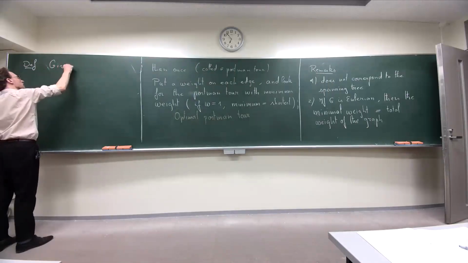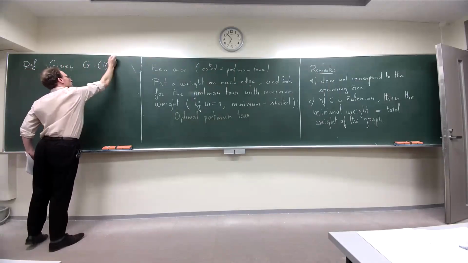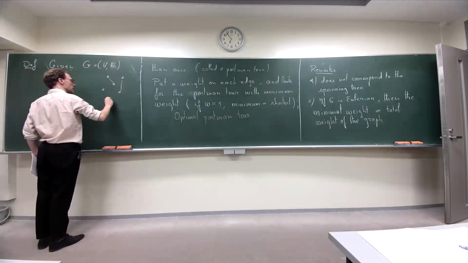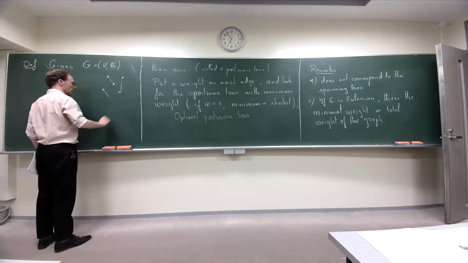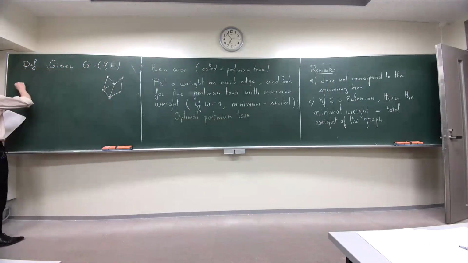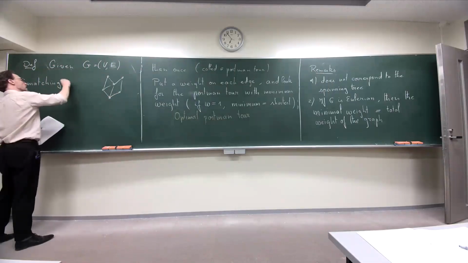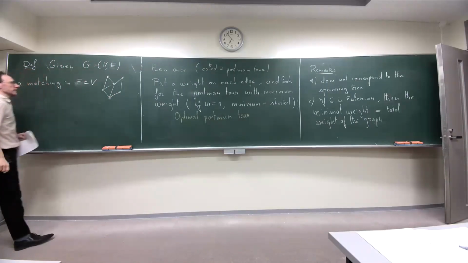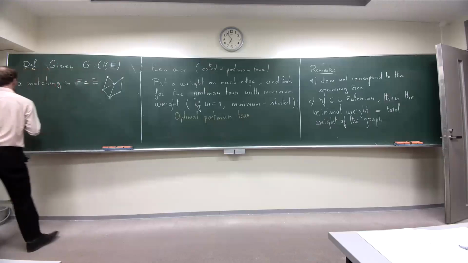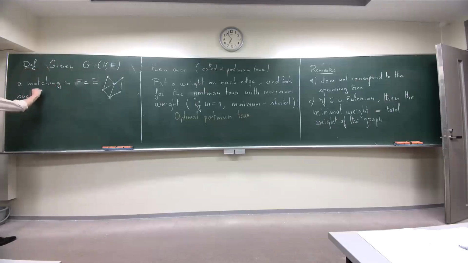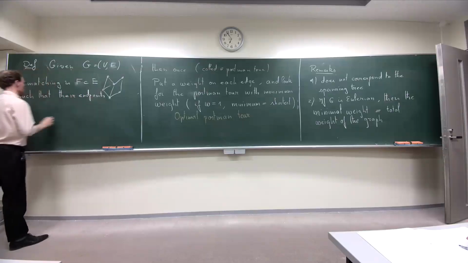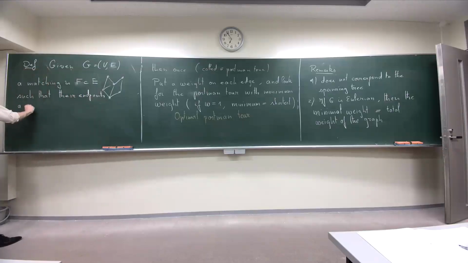So given a graph G, a matching is a subset F inside the set of edges, a subset of edges such that their endpoints are not shared.